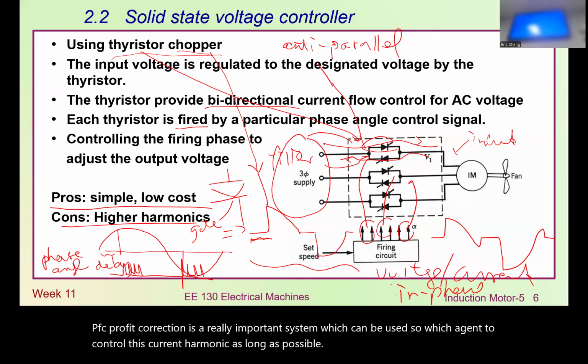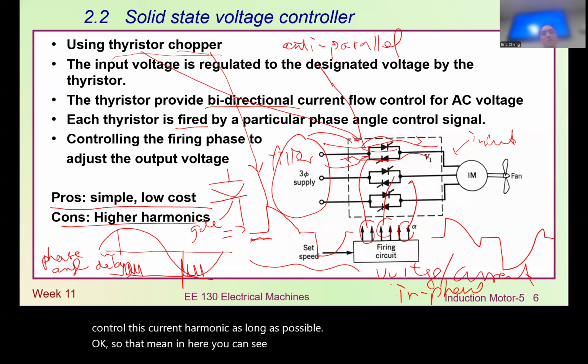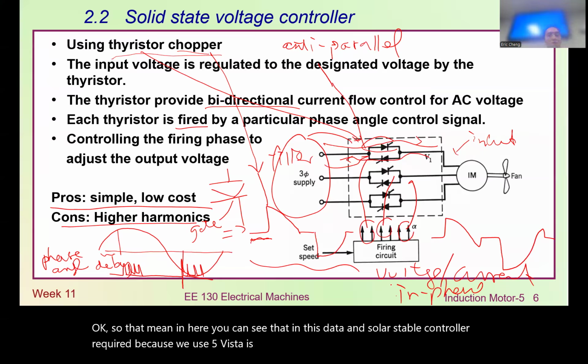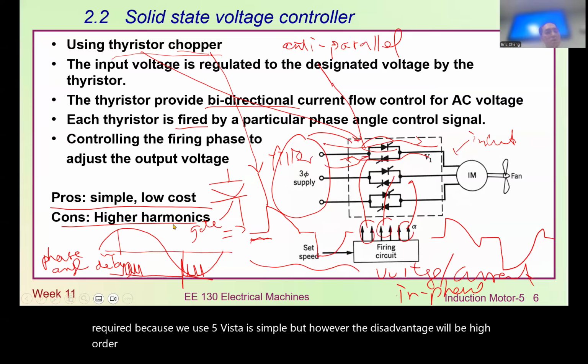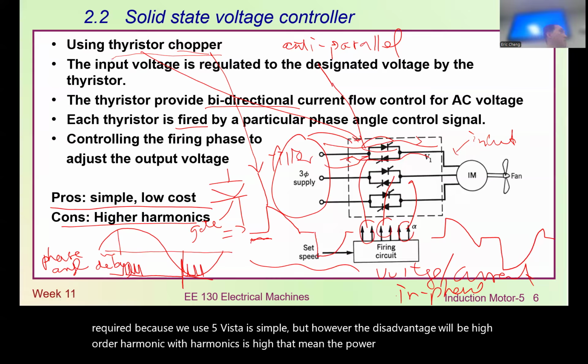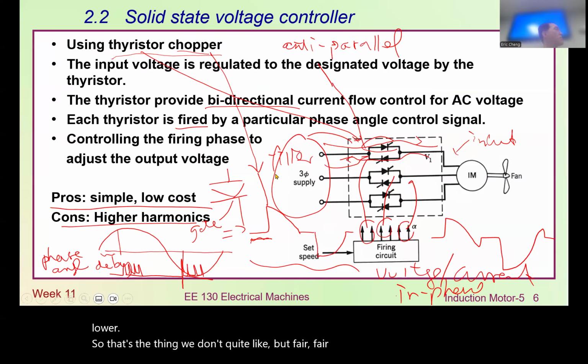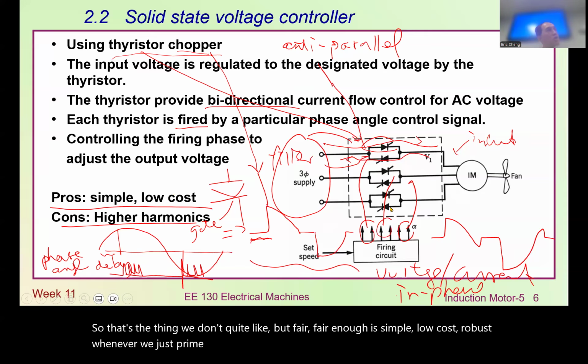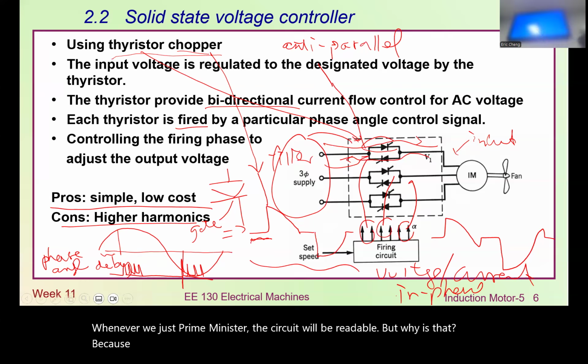So in here you can see that this solid state voltage controller, as we call it because we use thyristors, is simple, but the disadvantage is high order harmonics. When harmonics are high, the power factor also becomes lower. That's the thing we don't highlight. But fair enough, it's simple, low cost, robust. Whenever we use thyristors, the circuit will be really robust. Why is that? Because a thyristor, firstly, can stand high voltage.